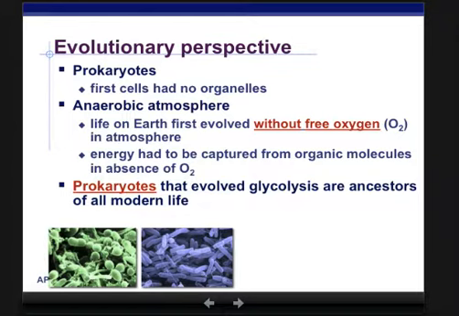Then as oxygen develops and the photosynthetic bacteria and algae come around, and then a billion years later you start getting eukaryotes. So all organisms share a couple key processes. They all do protein synthesis, they all do glycolysis, and they all do DNA replication. So glycolysis is one of these core things that all living things on the planet do, because it was a part of the early life of prokaryotes.